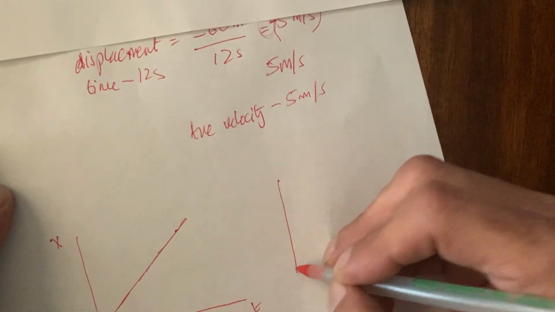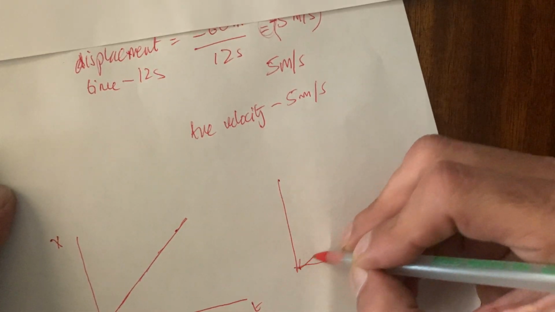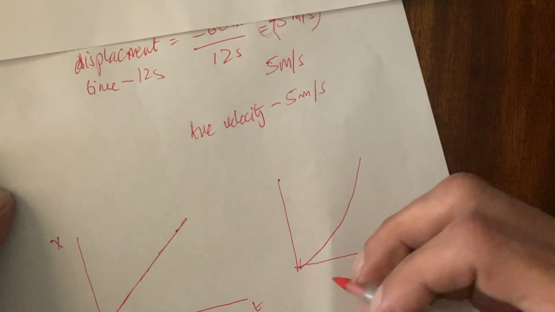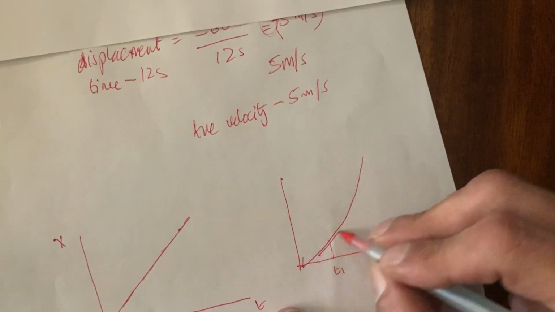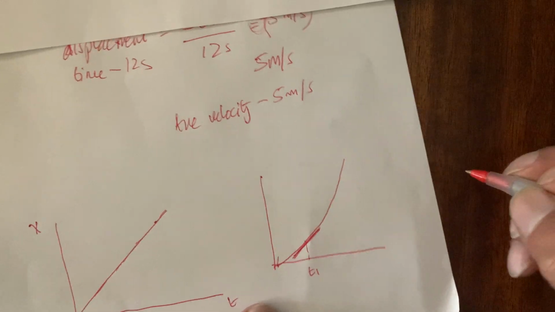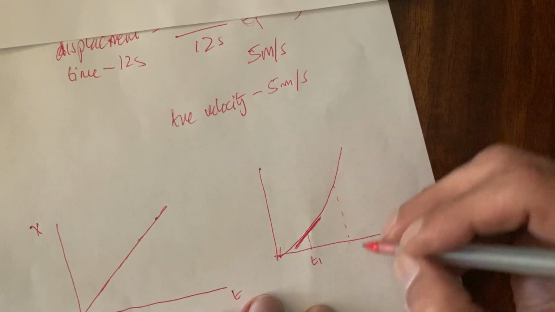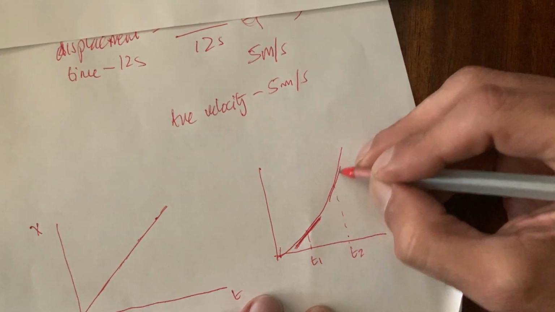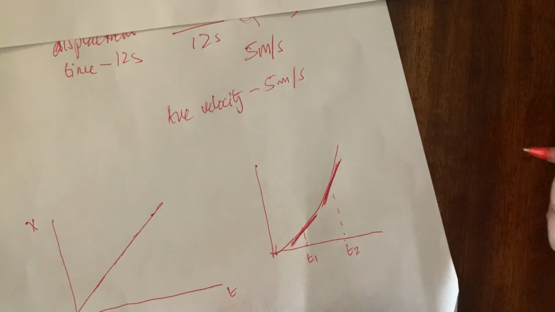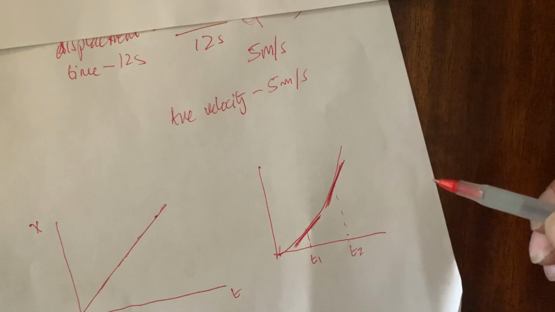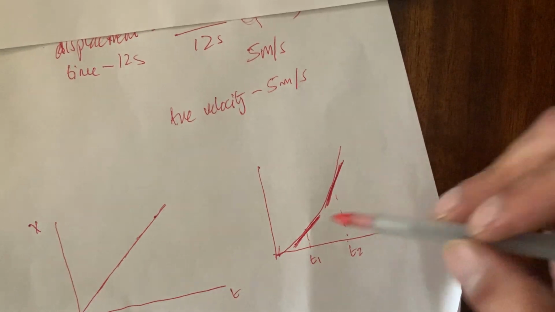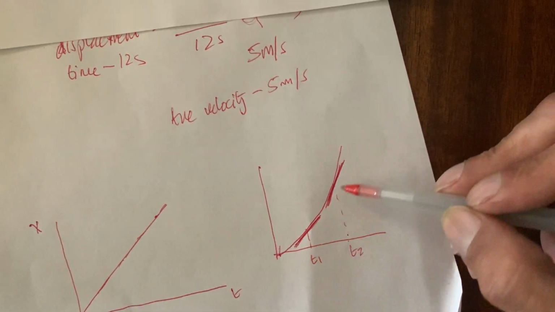However, if my graph looks something like this, and I ask you, what is the instantaneous speed at t equals 1 second? It would be the slope at that point. What is the speed at t equals 2 seconds? Well, that would be the slope at that point, because remember, the speed is just the slope, the rate of change. So instantaneous speed makes sense as a question normally when the speed is constantly changing.